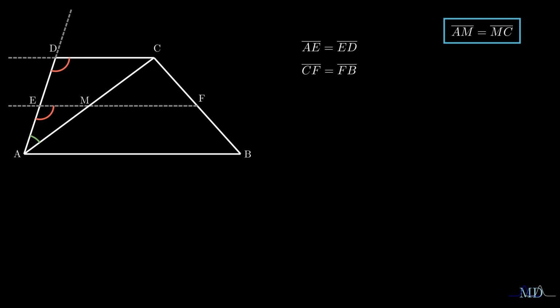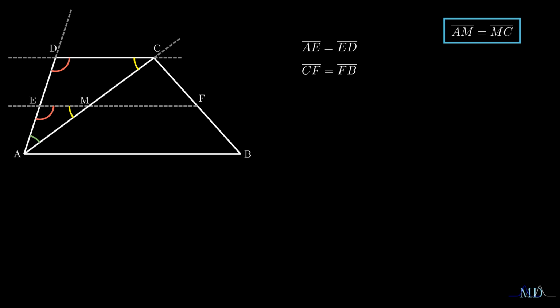And it's clear now that the two angles, AEM and ADC, red in figure, are corresponding angles, therefore congruent angles. On the other hand, the diagonal itself is a transversal that cuts the two parallel lines. So even the two angles AME and ACD, yellow in figure, are congruent, being corresponding angles.